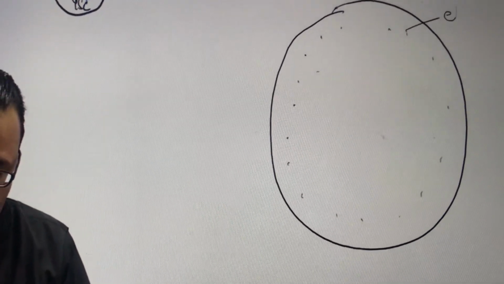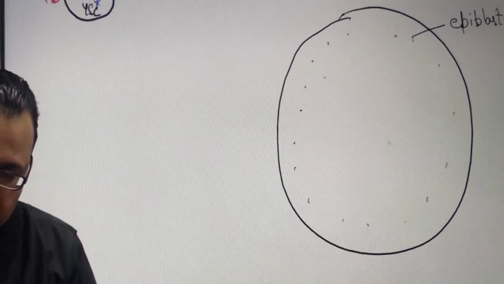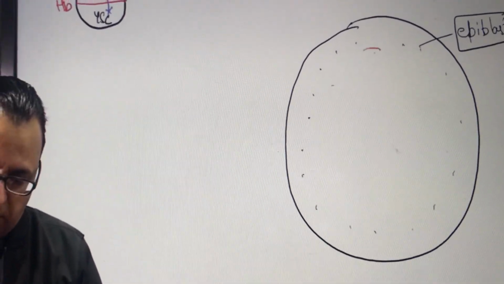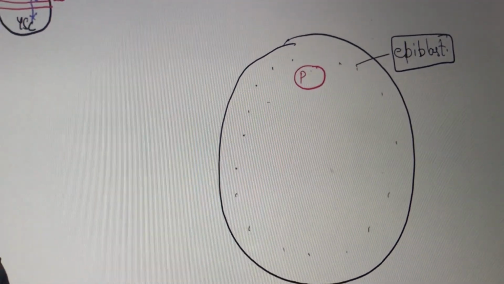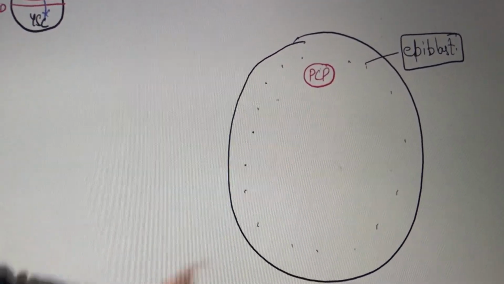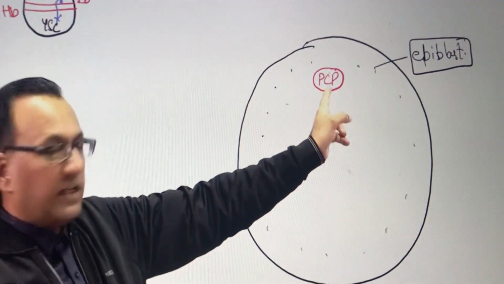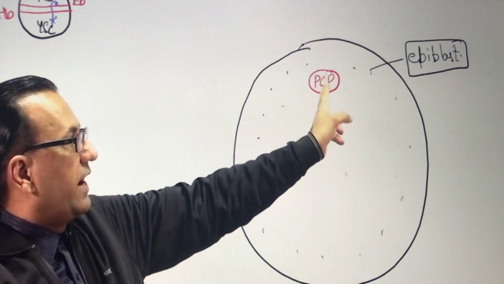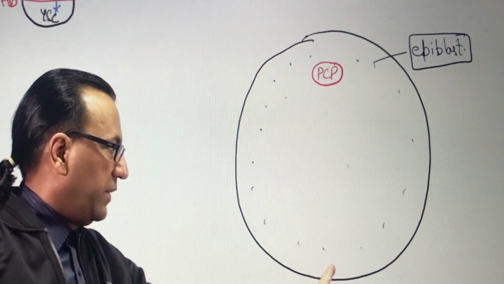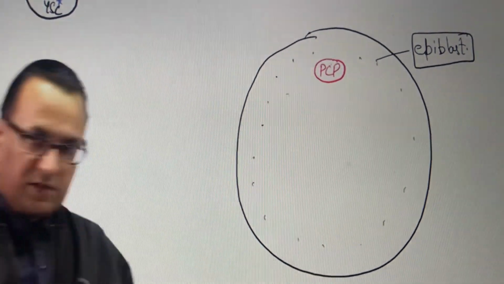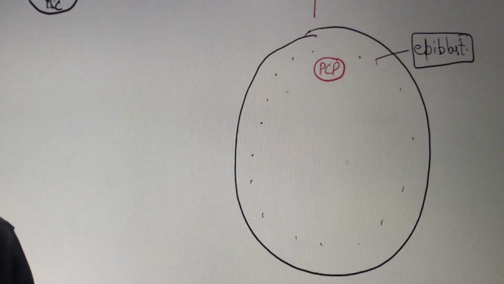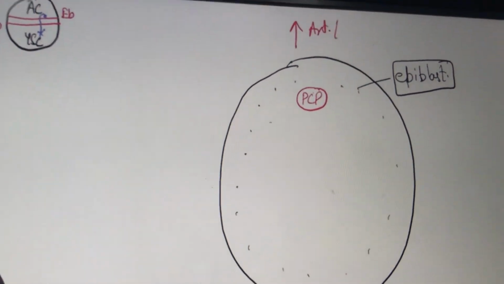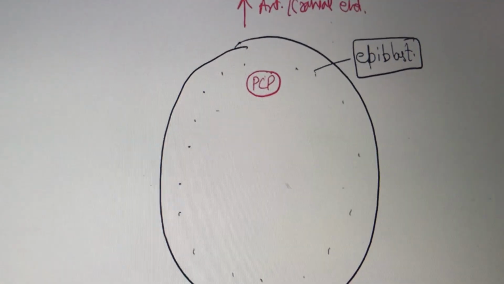We will mention them here, and then there occurs one event, one thickening developing here, called the procaudal plate. Wherever this thickening develops, it decides the axis of the baby. This end will become the cranial or anterior end, and on the opposite pole that will be the posterior or the caudal end. Let us mention it here.